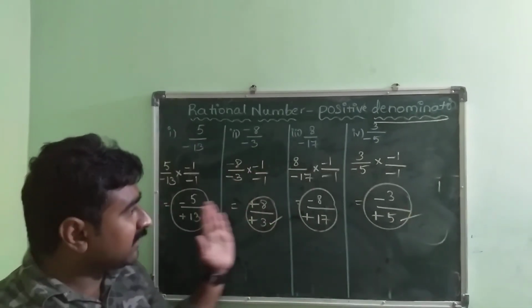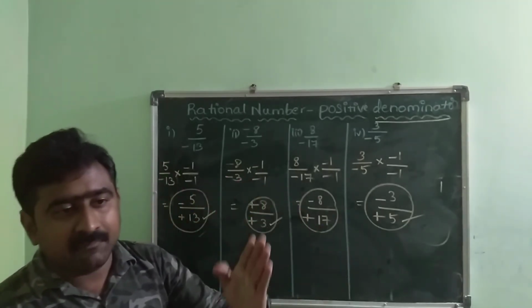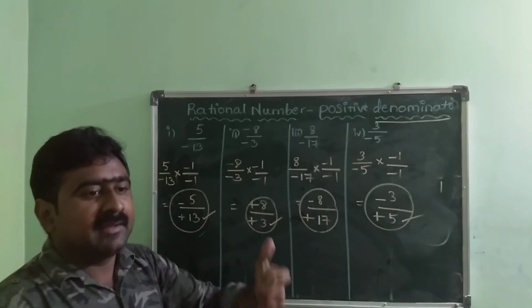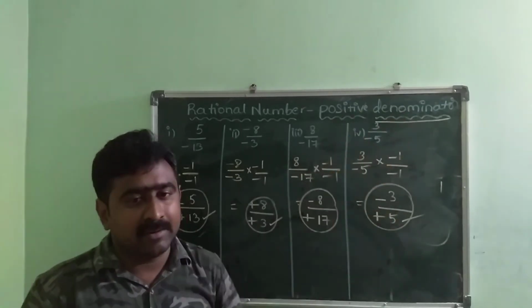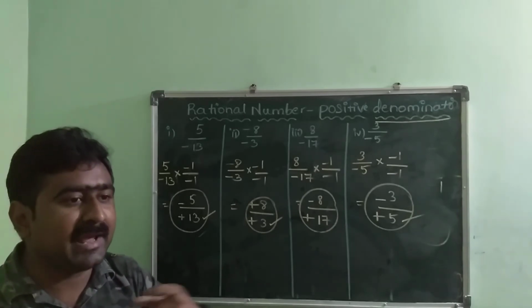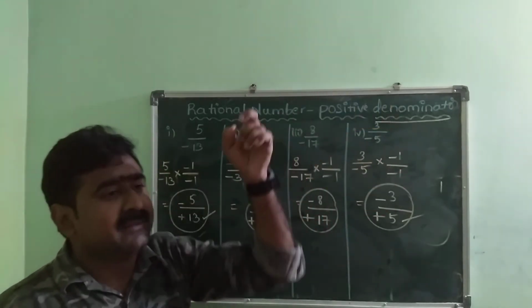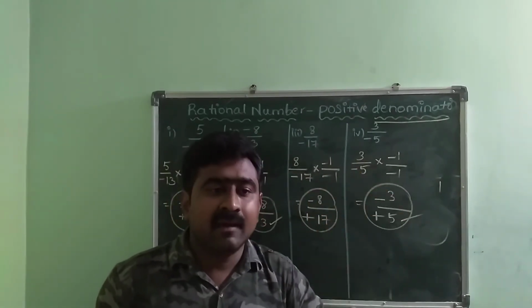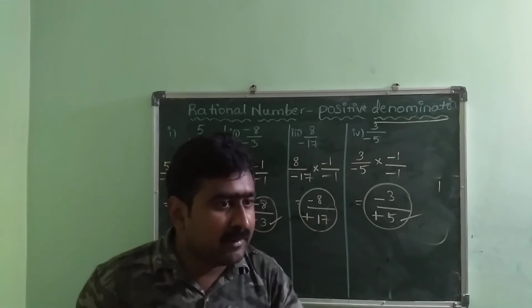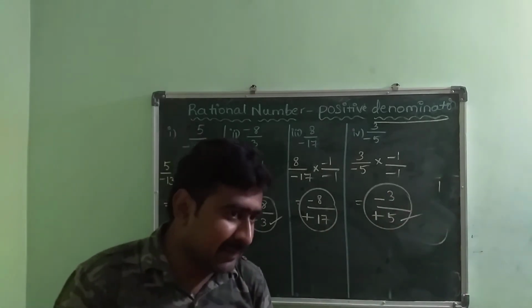From these given rational numbers, we can say that by multiplying and dividing with minus 1, the given negative denominator has been converted into a positive denominator. So this is the main heading, how to express the given rational numbers in terms of positive denominator. The only logic is by multiplying and dividing with minus 1, the given rational number will be converted into a positive denominator. Is it clear or not?